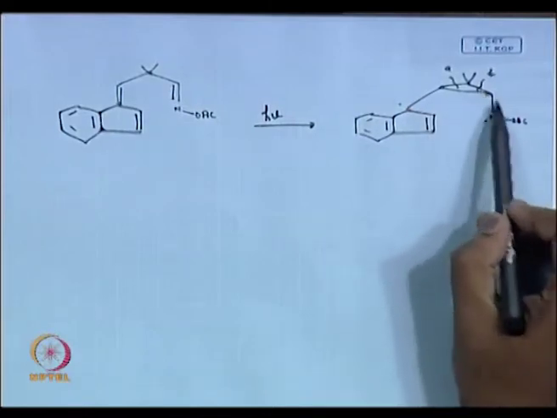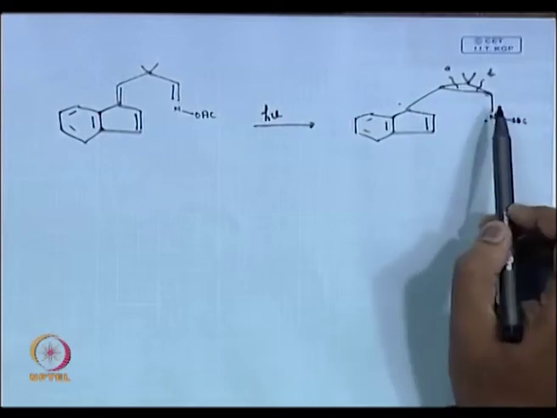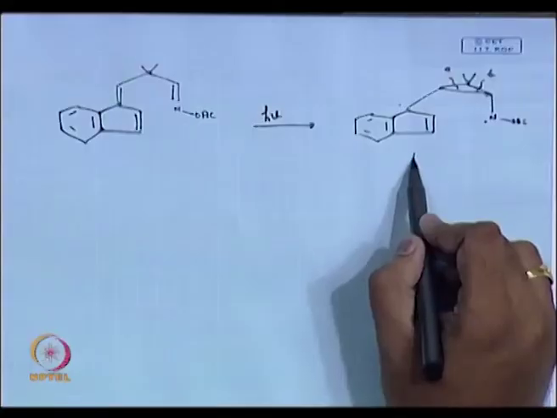If you cleave B, then you end up with a type of imine, and that imine can hydrolyze to give you a ketone if you do a column and everything.